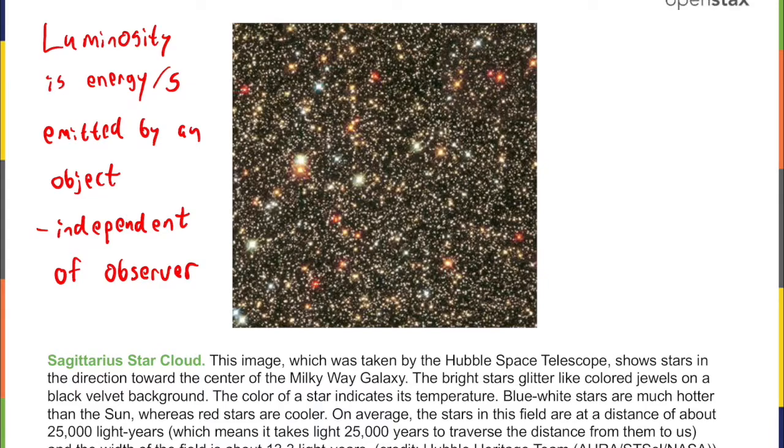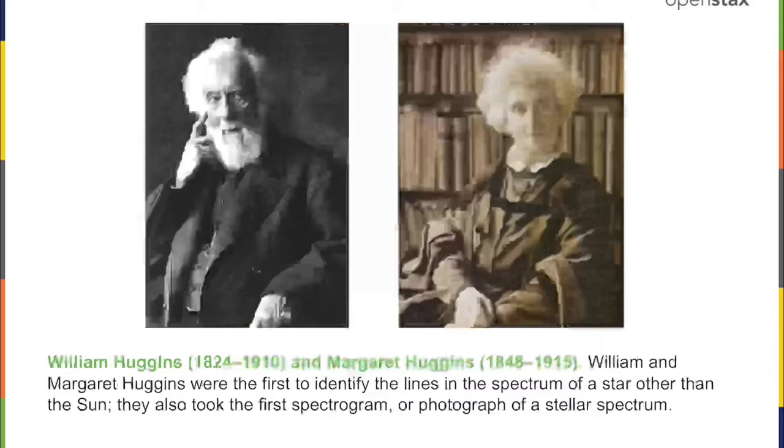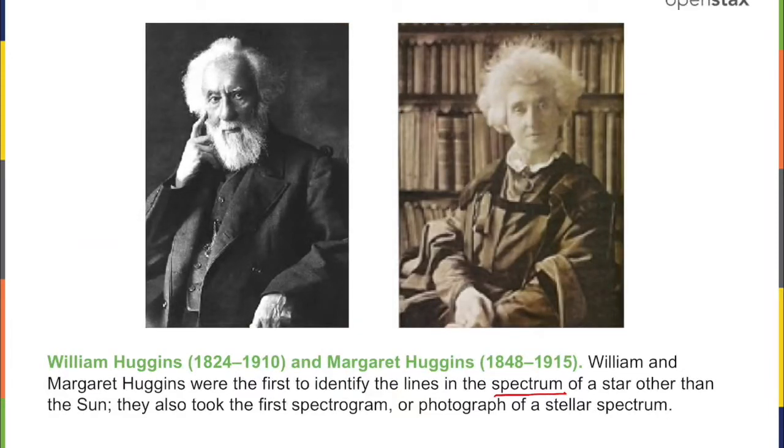So, in doing so, let's mention a little bit of history here. All right. A big thing when we talk about features of stars, like luminosity, is going to be the elements that exist in that star. And the way we talk about elements inside a star is something called spectral analysis, or the spectrum of that star. Okay, spectrum.